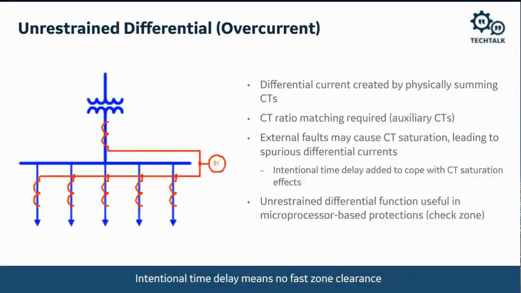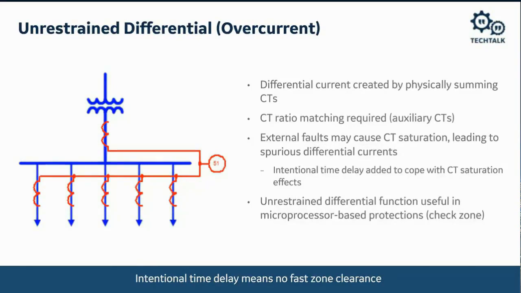The unrestrained differential. Basically, this protection is applied by paralleling all the CTs together physically. All of the CTs come into one junction point and they are paralleled together at one terminal point. That terminal point then goes into a relay, typically an overcurrent relay.